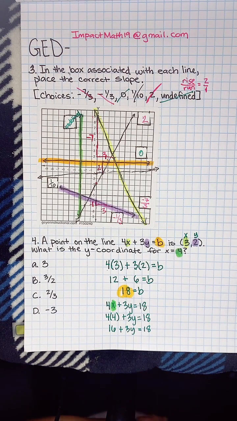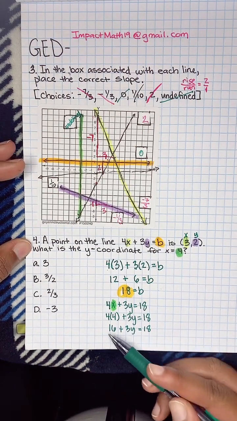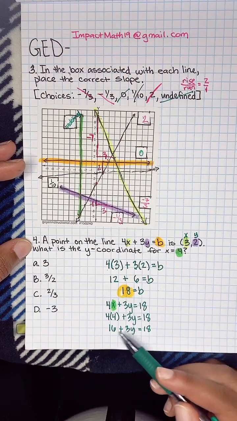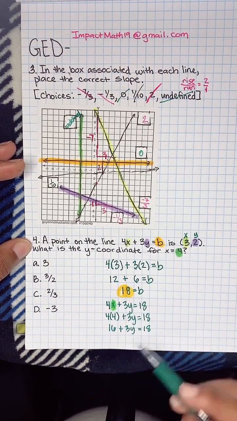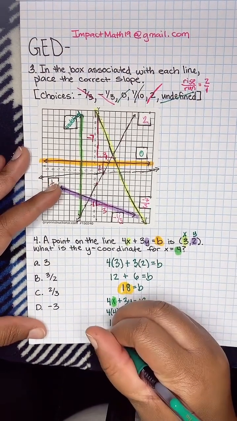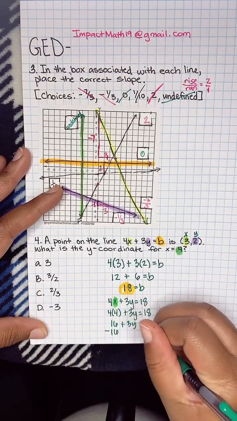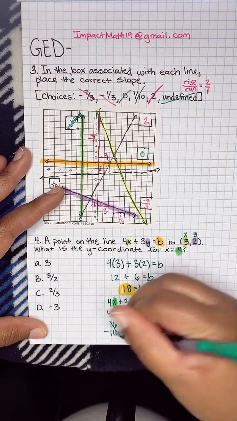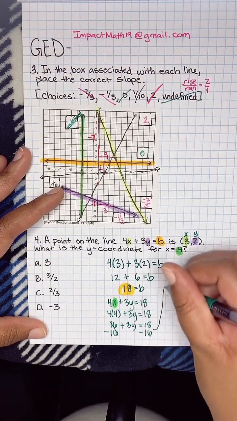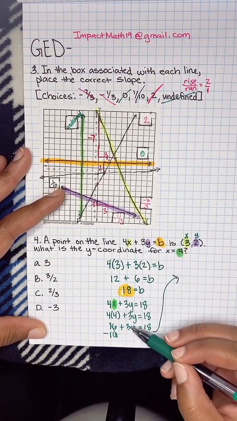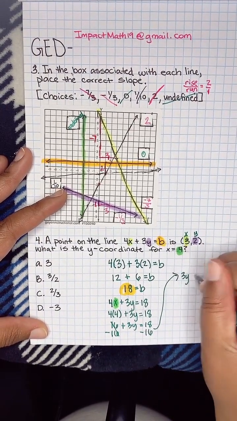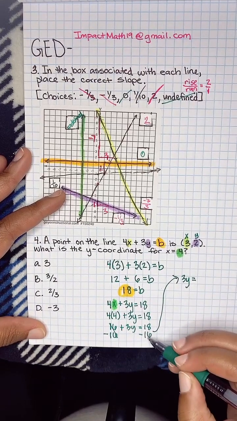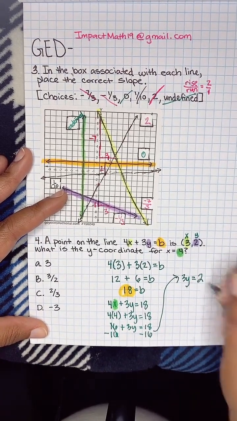Subtract 16. Good. We can't divide first, we have to move this 16 first. Then we can divide. So we're going to do that by minusing 16 to both sides. Perfect. And I'm just going to move this up here. So 3y equals 18 minus 16 gives us 2.